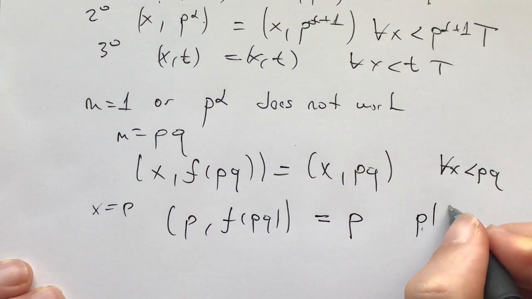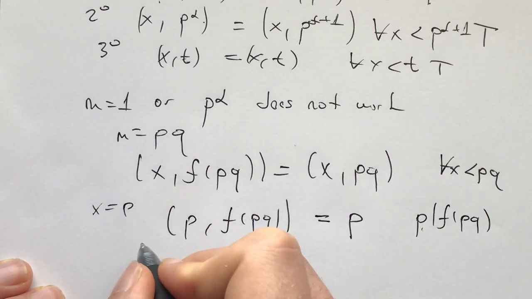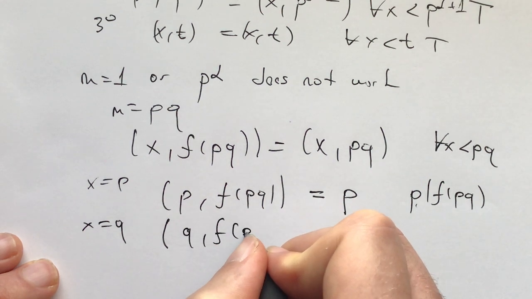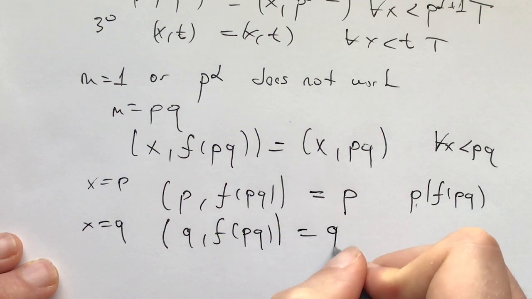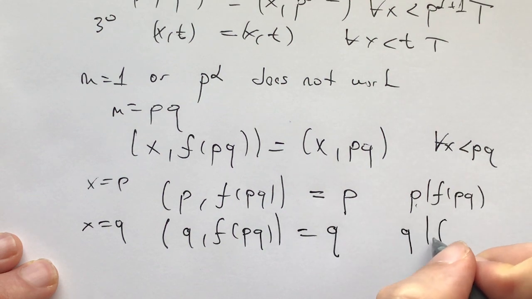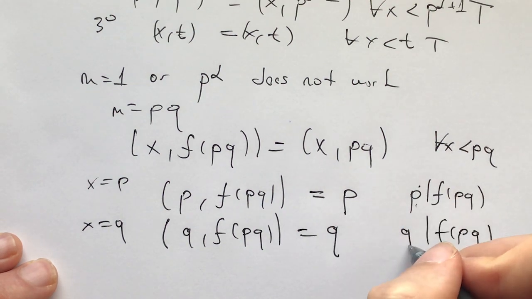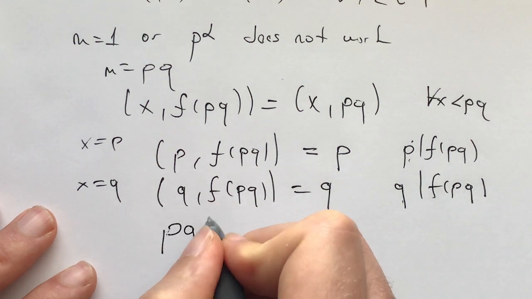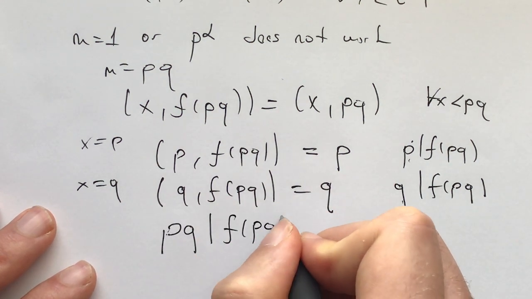So that means p divides f of p times q. And for x equals q, the GCD of q and f of p times q is equal to q, which means that q divides f of p times q. And because these are different primes, that means that p times q divides f of p times q.